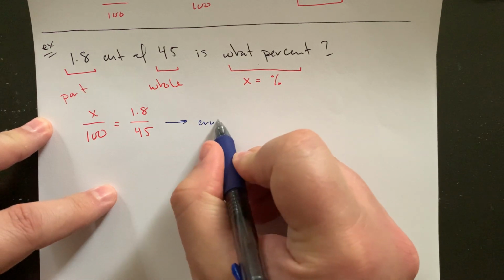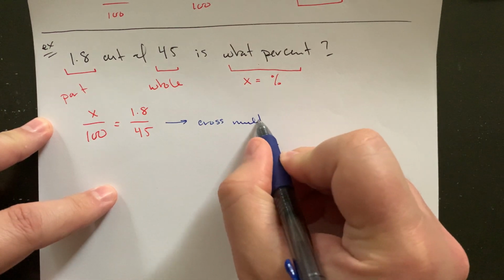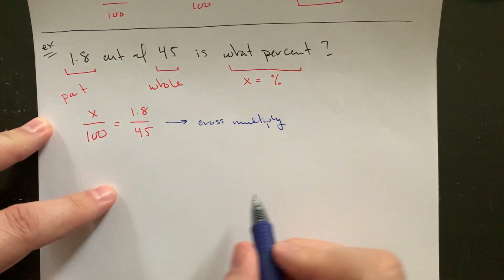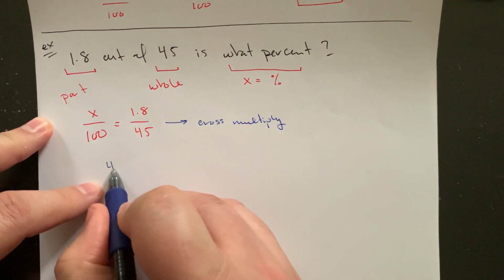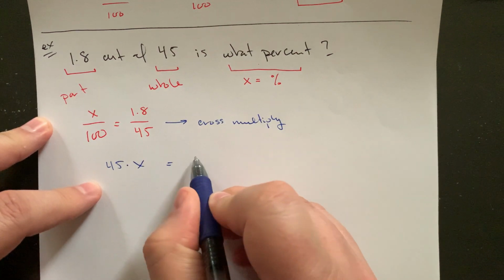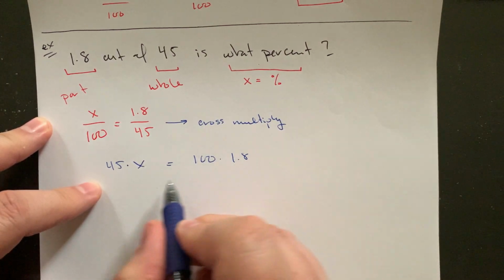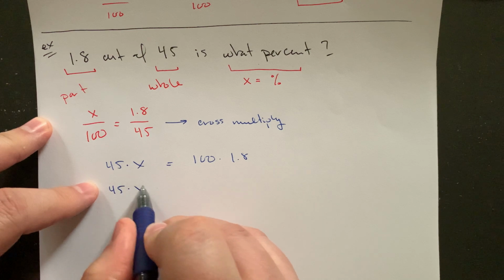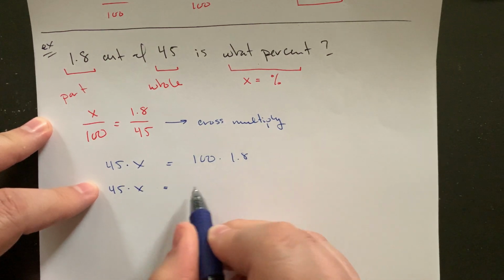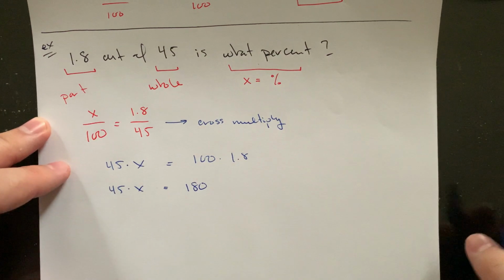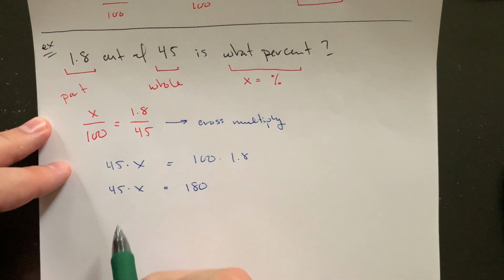We can cross multiply to solve. So this is, 45 times x is going to be 100 times 1.8. This for us would mean 45 times x is 180. And then just a quick division.